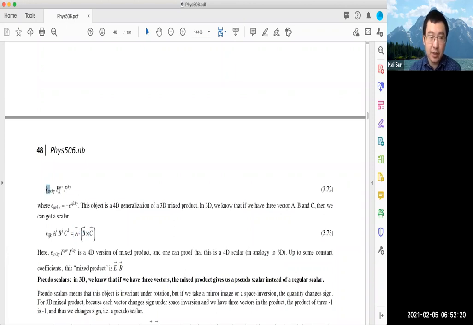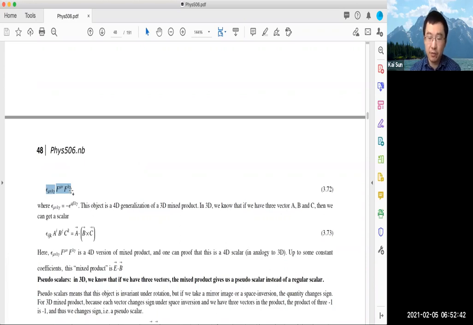So this E dot B term is a 4D variant of the mixed product, and this 4D mixed product has the same property as in 3D. It gives us a scalar, but this scalar is a 4D pseudoscalar, not a 4D regular scalar.